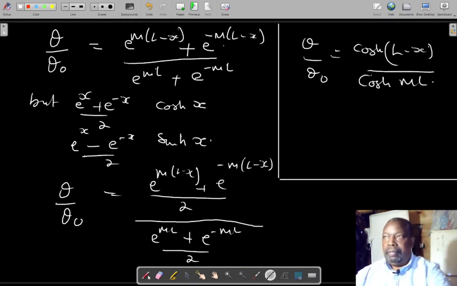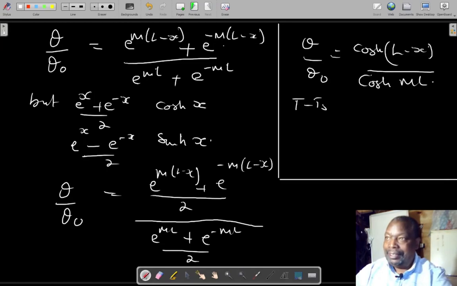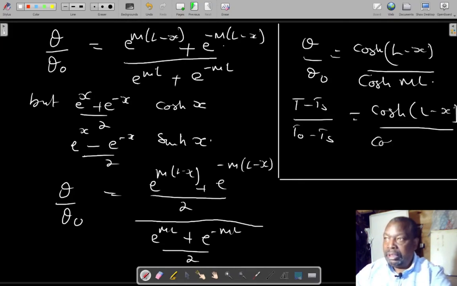So that will give us our temperature distribution, i.e. (T minus Ts) over (T naught minus Ts) is equal to cos hyperbolic (L minus x) divided by cos hyperbolic mL.